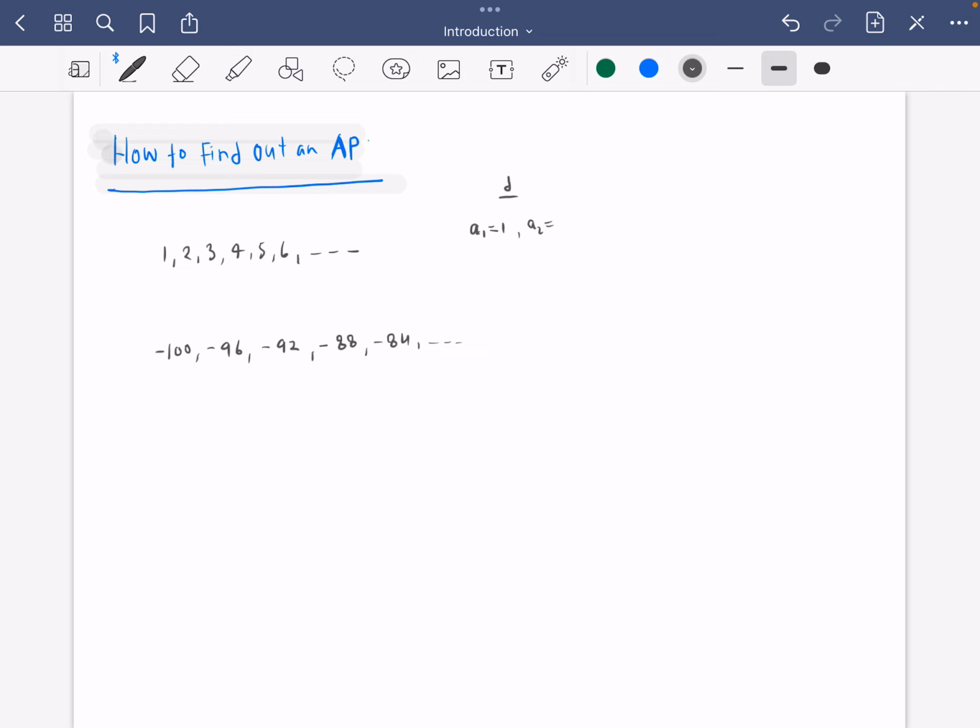Now if it's an AP, then you can get a number by adding the difference to the previous number. But before that, if you want to find out whether the numbers are in an AP or not, we'll calculate the difference.